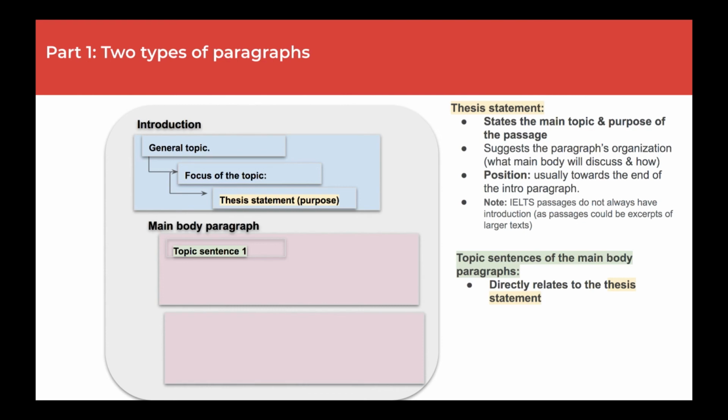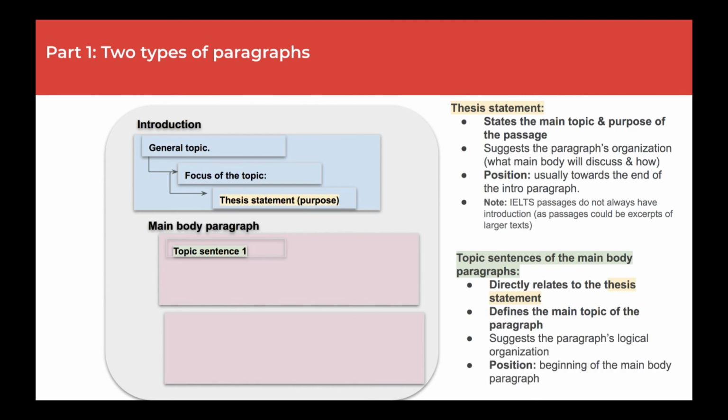There is a very strong link that defines the topic of the paragraph, and it suggests the logical organization of that paragraph. Everything else after the topic sentence are sentences that develop and provide additional, more detailed information, examples, confirmation, so everything that basically provides evidence to the topic.